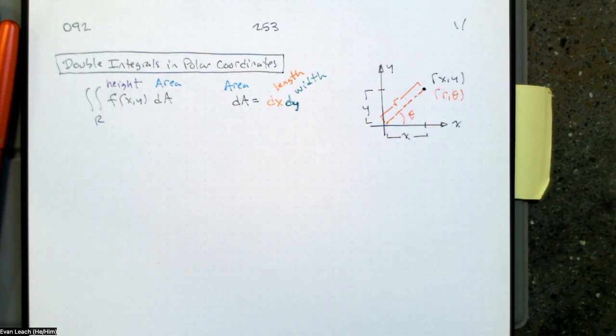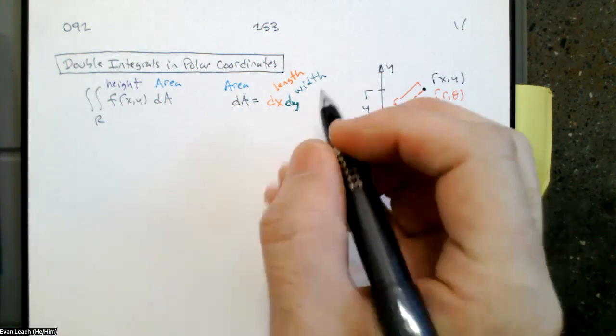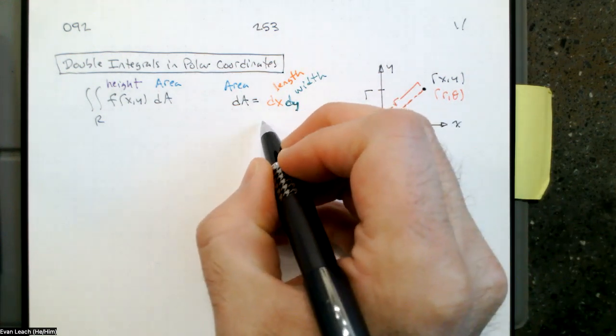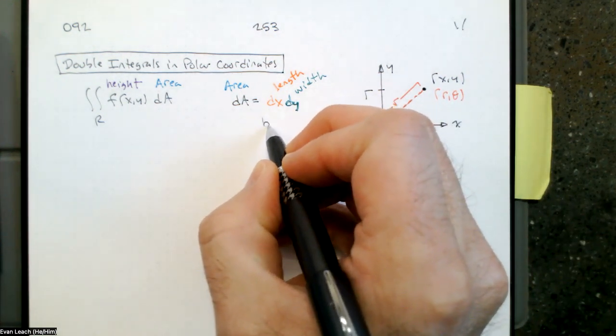So the point is that when I write dA, the area, that's going to be a length times a width. Both the dx and the dy are representing distance. So in this scenario, both dx and dy are distance.